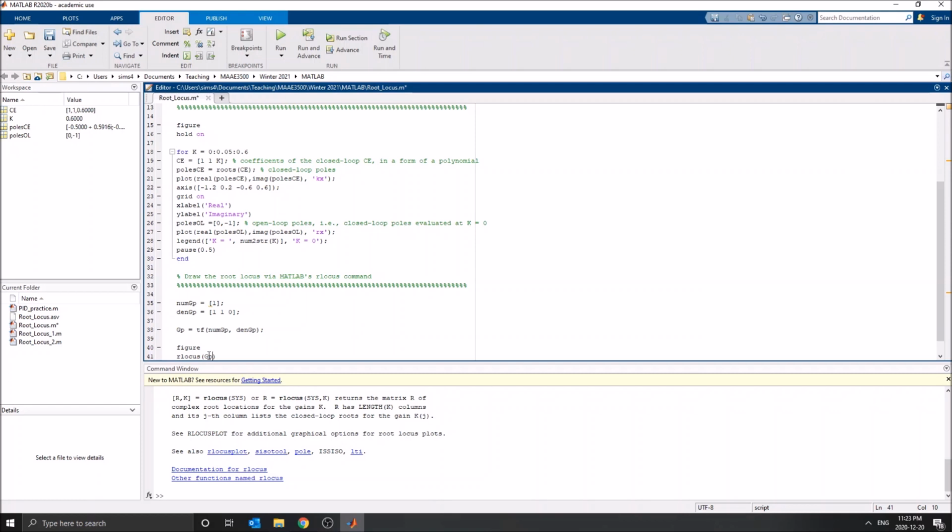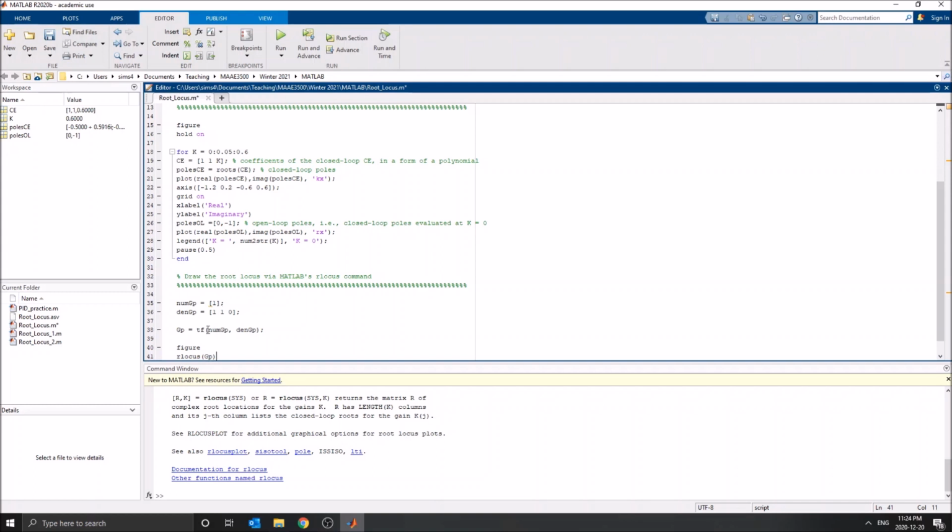Okay, so again, what it does is that behind the scenes MATLAB would close the loop for us and apply a static gain k to our transfer function and let k increase from 0 all the way to infinity and plot the poles of the resulting characteristic equation, or the roots of the resulting characteristic equation at each iteration of the gain.